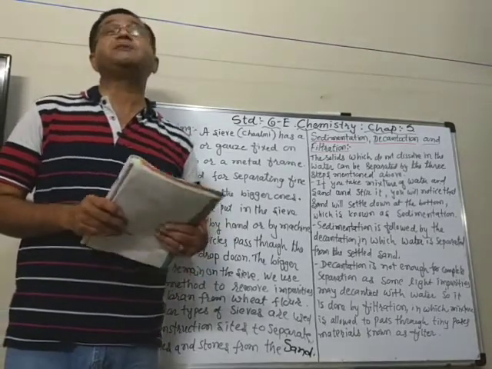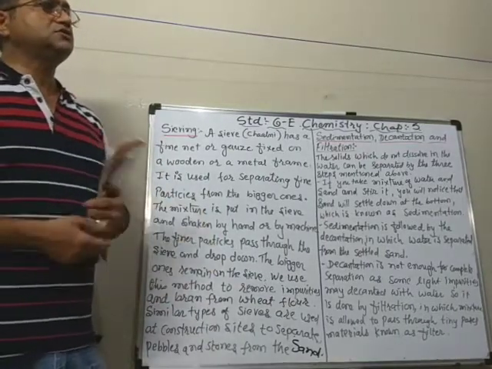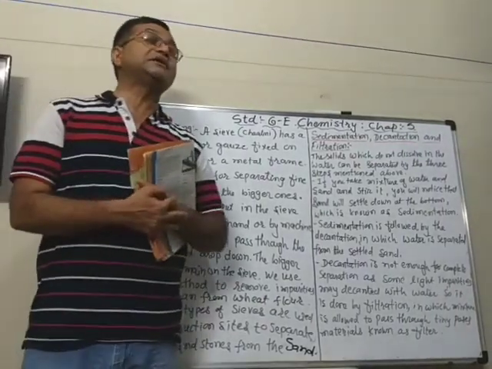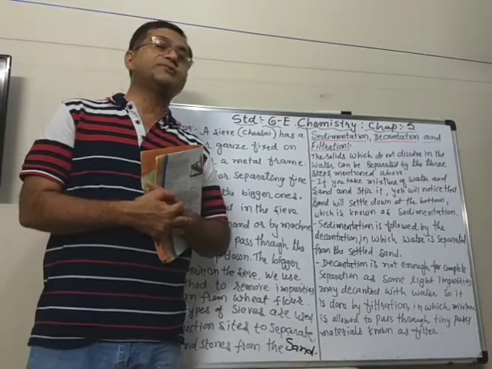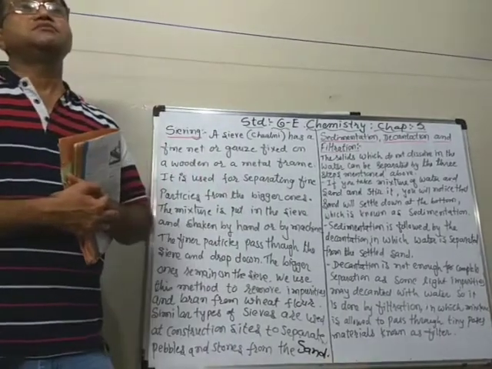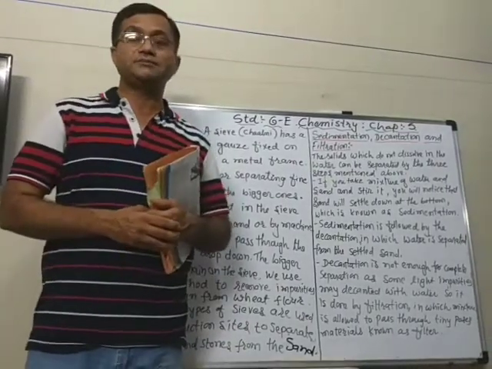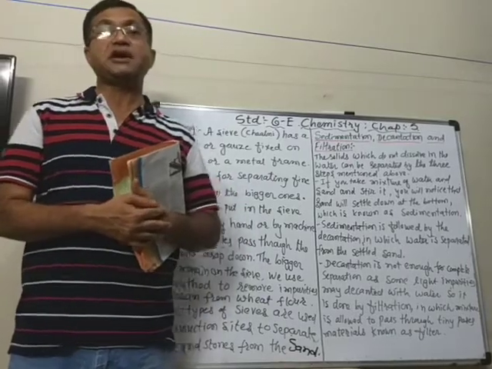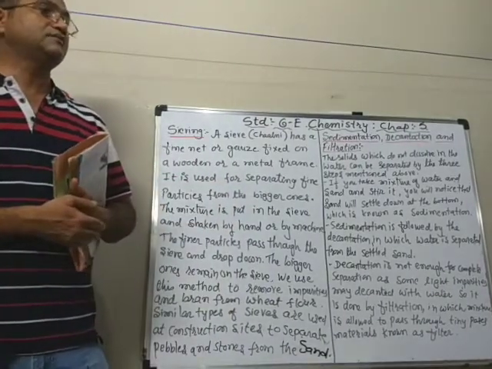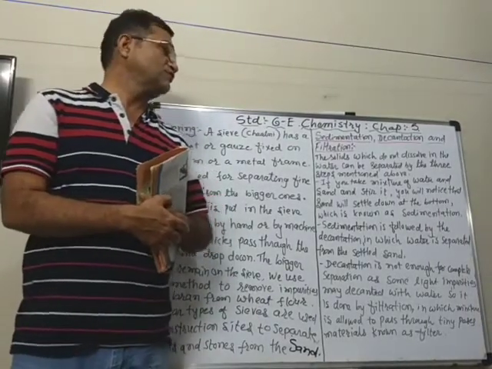That is known as hand picking. But when we take out the grains from the stalk of the crop, we thresh it, we beat them on a hard material so that the grains get separated, and then winnowing to separate the chaff from the grains.